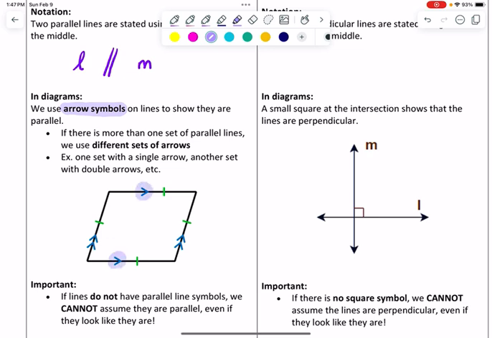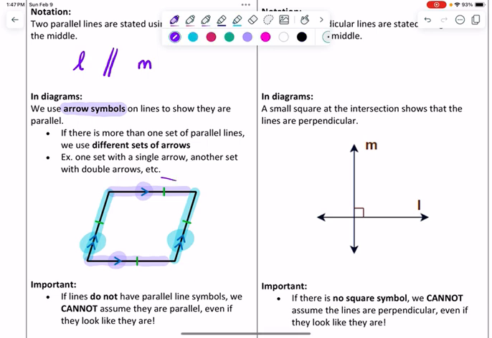So here, I know that these 2 lines are parallel because they have that extra arrowhead in the middle of the line indicating so. But in this shape here, I have 2 other lines that also happen to be parallel. So instead of using a single set of arrowheads, I use a double set of arrowheads in the middle of my line to show that those 2 are also parallel.